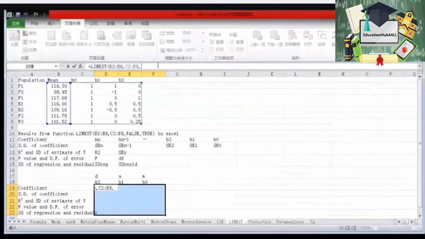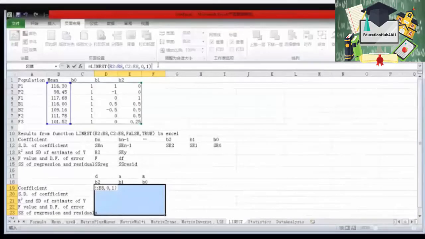So the option should be 0, and here we select 0. Here we select true, because we want it to return some statistics.